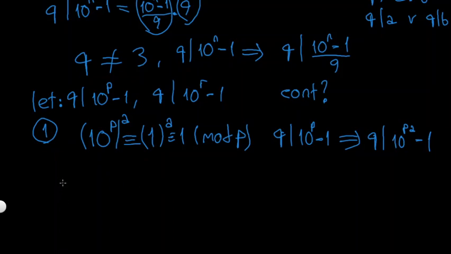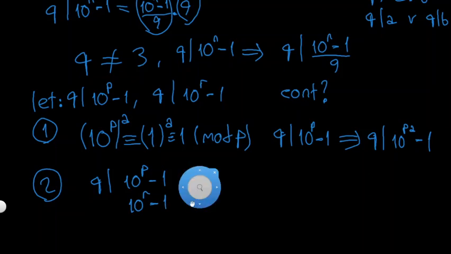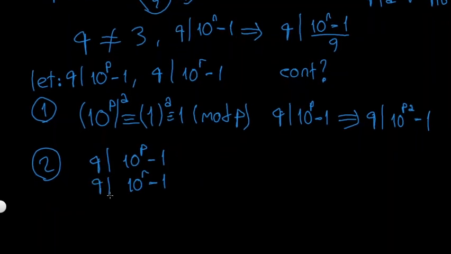And the second can be the addition one. So for example, I can just imagine q divides 10 to the p minus 1, and it also divides 10 to the r minus 1. Well, then I can just multiply both sides, okay? So q squared will divide what?